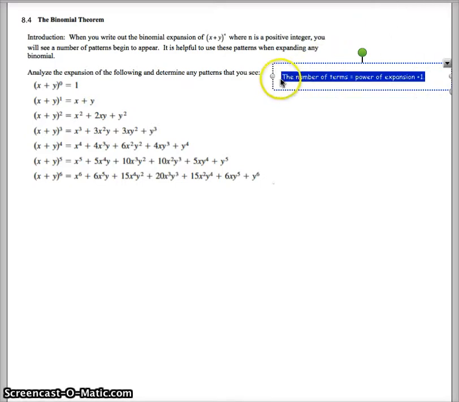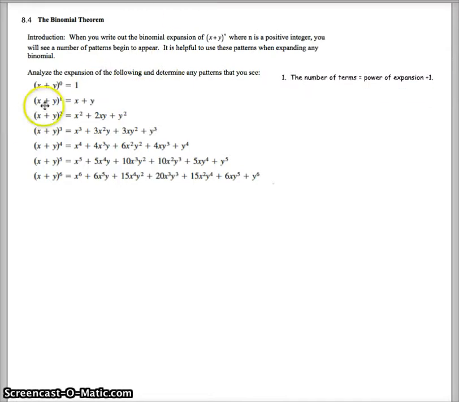Let's see if you came up with another observation. I also notice that, let's start with x plus y to the 6th. X plus y to the 6th is a binomial raised to the 6th power. The first term in the binomial is x. When I expand this, the first term in the expansion is x to the 6th.